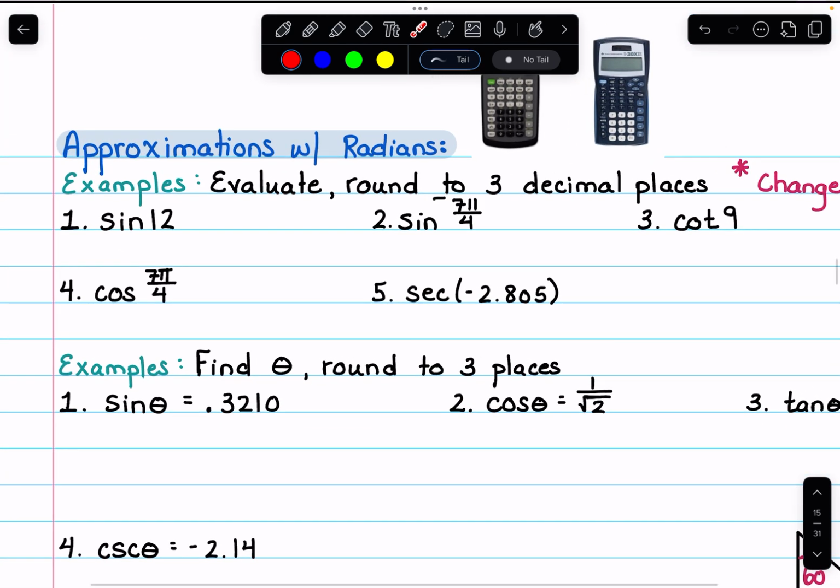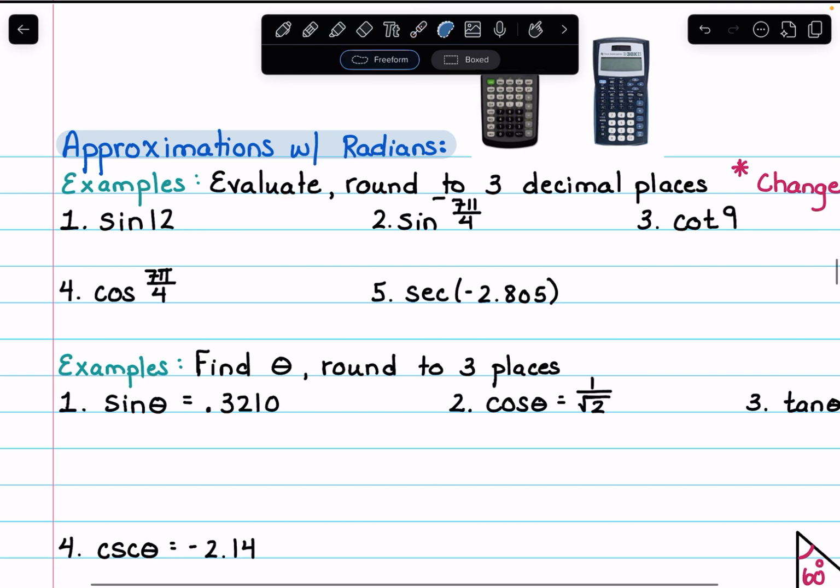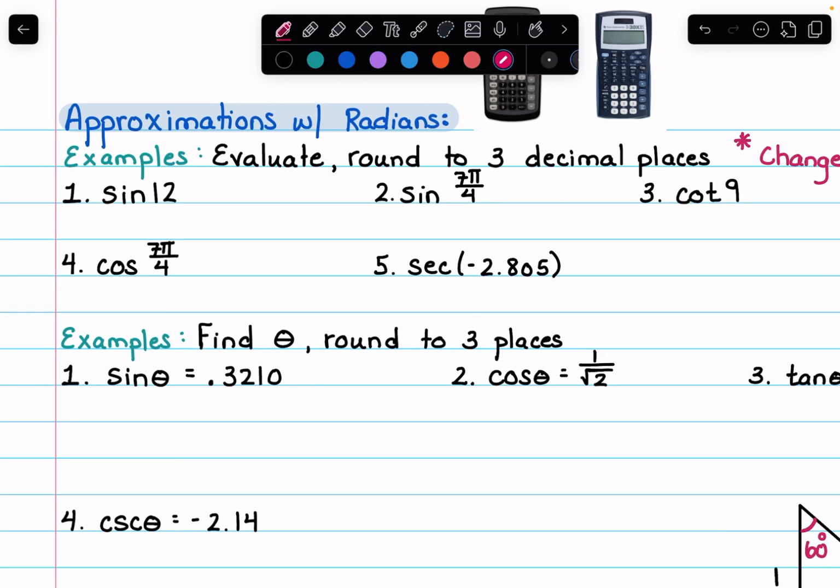And for most of these, you're just going to type them in your calculator. And this little guide is supposed to be over here on the pi. So I need to fix that in your notes. But for the most part, you really are just plugging them into your calculator. So sine of 12, you just press sine 12 and enter, and you should get negative 0.537.